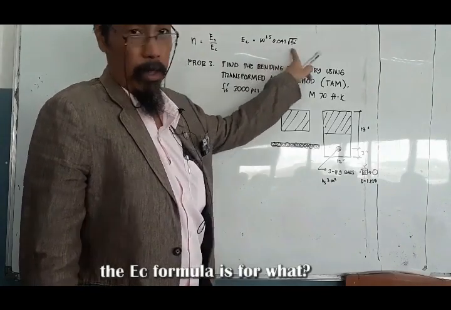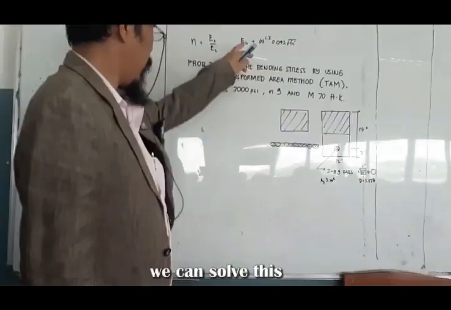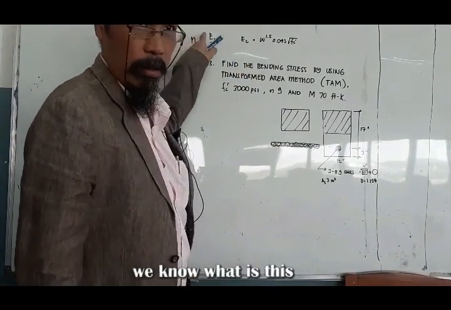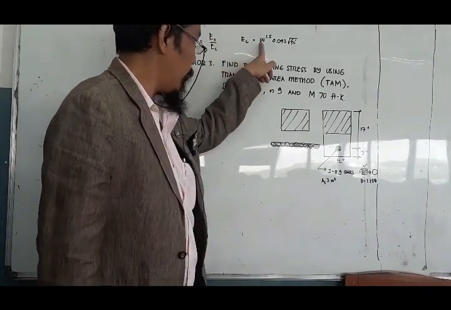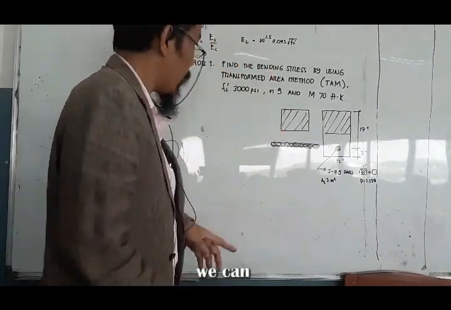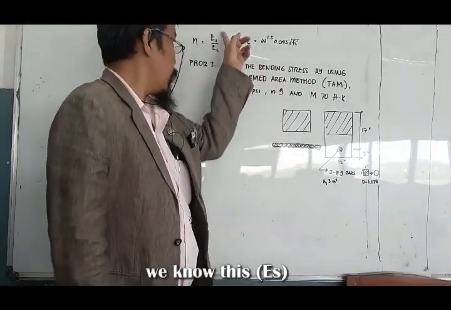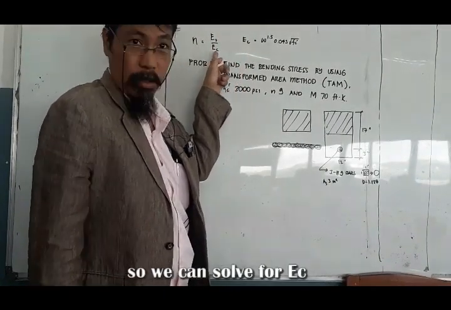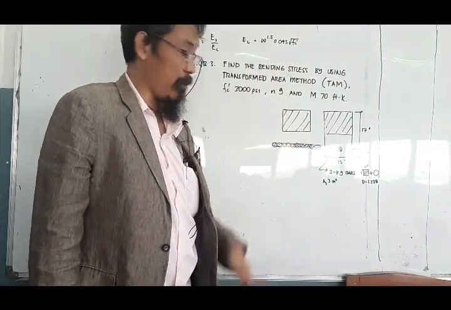This formula is for SI units. So you can solve this. It is not given, but we can solve in reverse. We know this, we don't know this, but we know this. So we can solve for E, and we can solve for w. You can do this, okay?